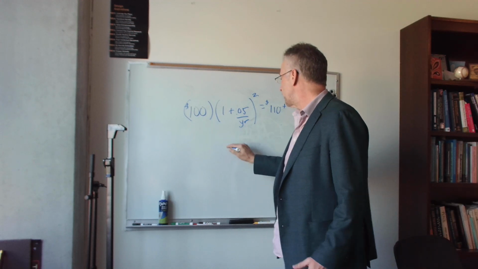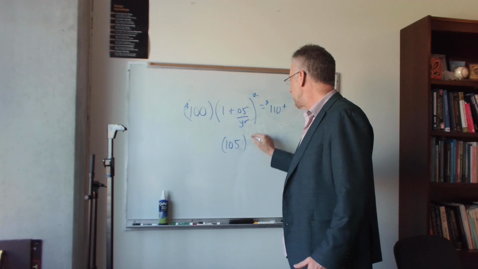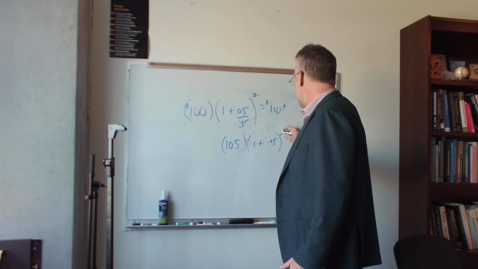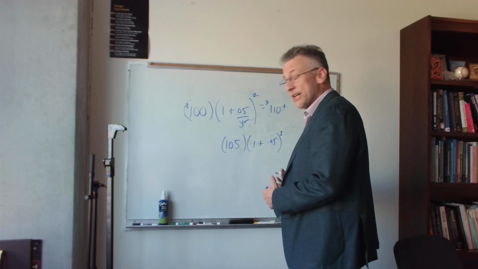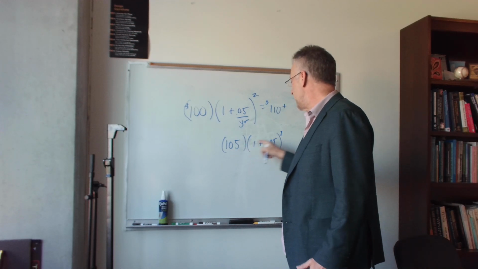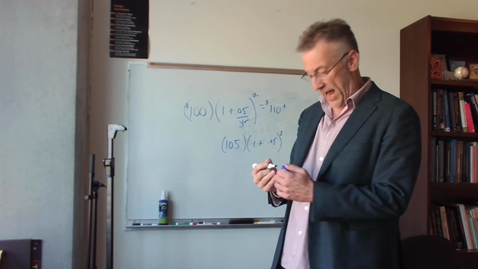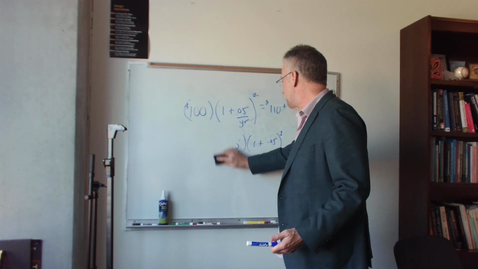That is, after 1 year, we already know it's 105. After another year, it will be 105 plus 105 times 0.05. That's the interest in the second year, is both on the 100 and 5% of the $5 that was added to the balance. This is what we mean by compounding.